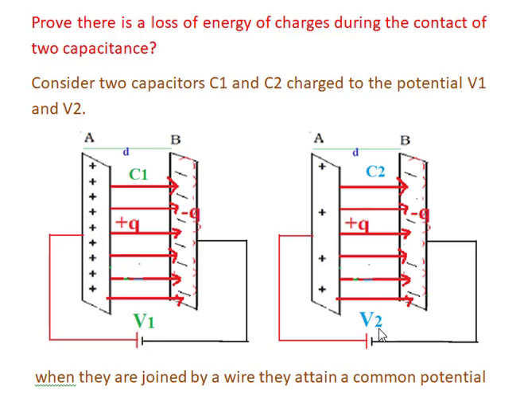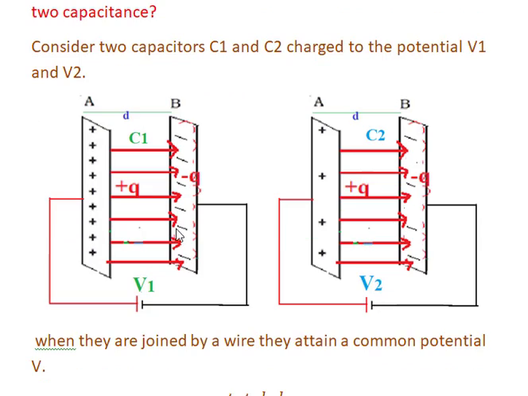The potential V2 is lesser than the potential V1. So fewer charges are present in plates A and B of the second capacitor charged with the potential V2. Now we are joining these two capacitors with a wire.